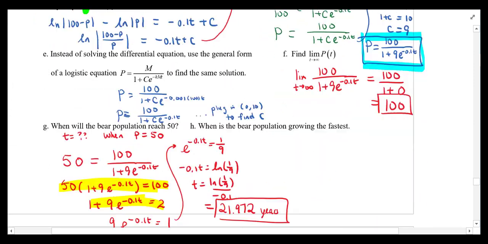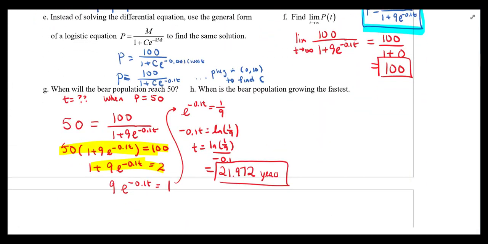Did you hear me say that? Maximum slope. Growing the fastest, maximum slope. Well, how do I find the max of the slope? I have to take the derivative of the slope and set that equal to 0 and solve. Yes, that whole business of finding maxes and mins.